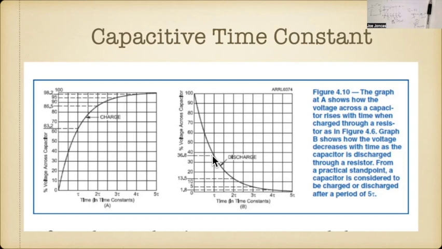But when it drops to 36.8 volts, that's one time constant. And you notice that if you take this and this, they add up to 100%. So they're just the opposite. But now for everybody that's taking your test, this value and this value, you need to know. If you know this one, you will know this one, and it's on the test.